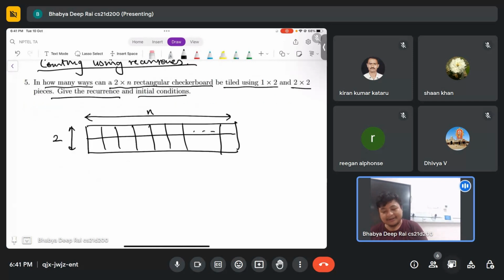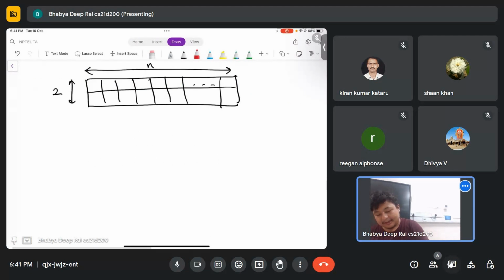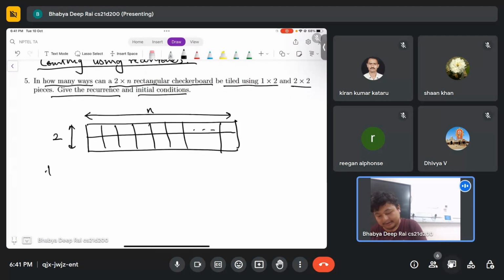What do you mean by tiling it? You need to tile it using 1 cross 2, I'll put 2 cross 1 also, so 1 cross 2, 2 cross 1, and 2 cross 2 tiles.